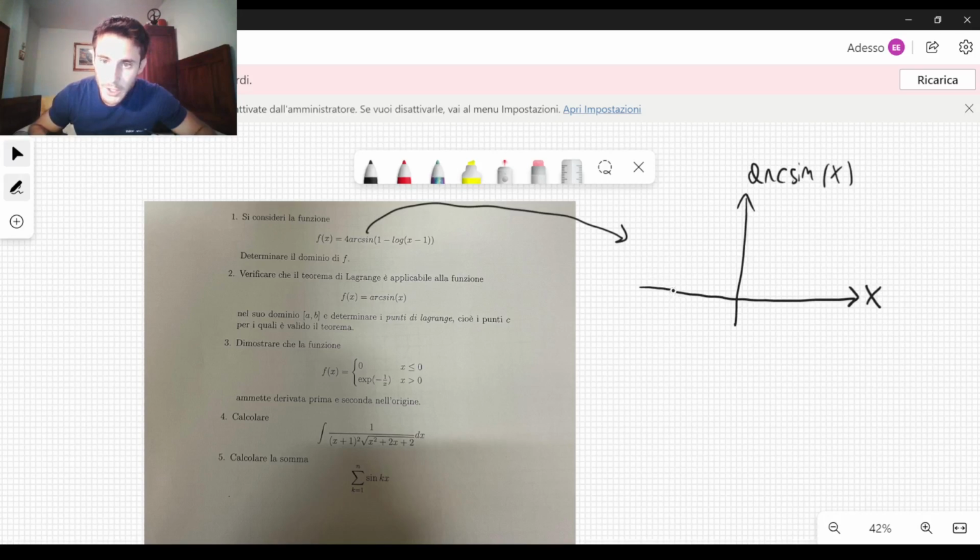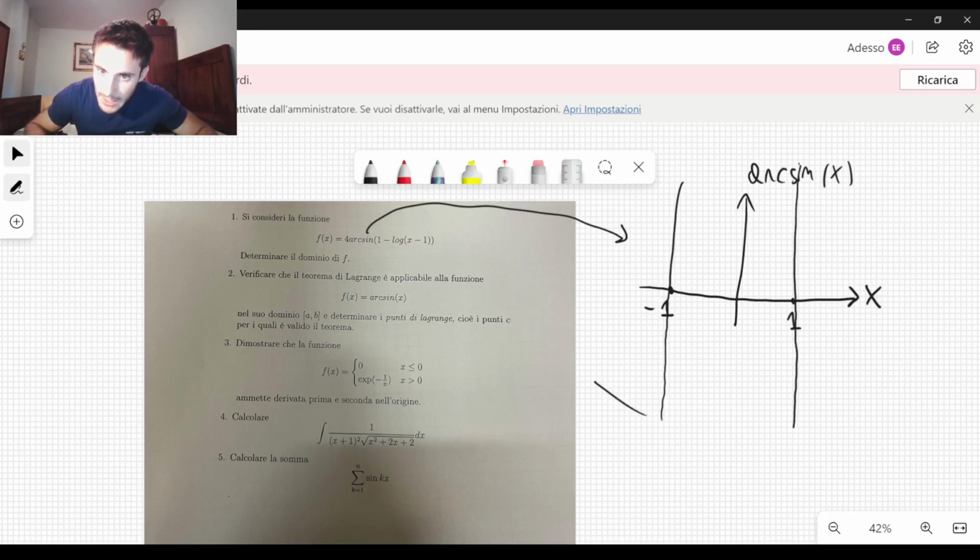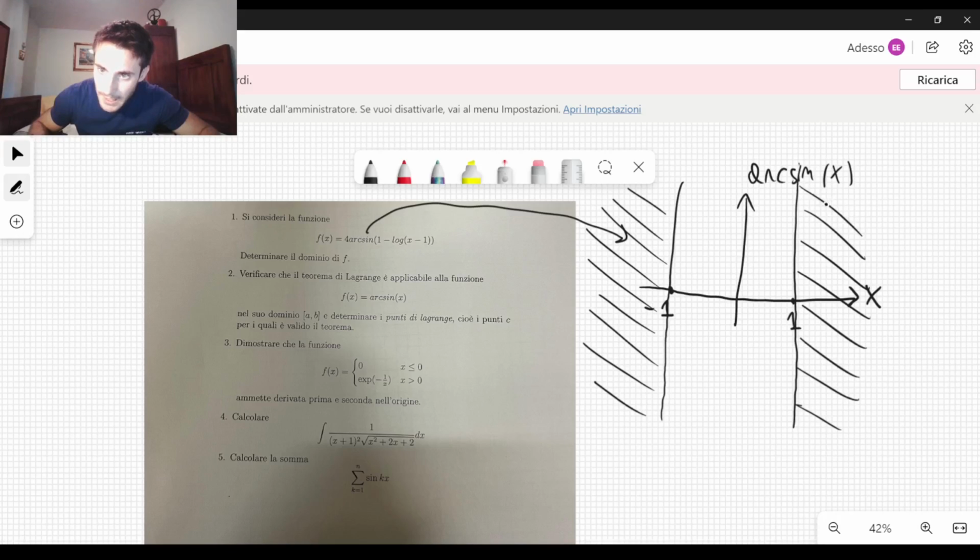Now, the function has the following domain. At x equal to minus 1 and at x equal to 1, we can draw these vertical lines, and outside of these lines, here and here, the function is not defined. It is not well defined.